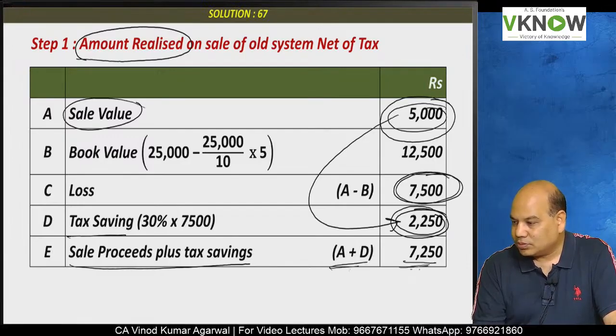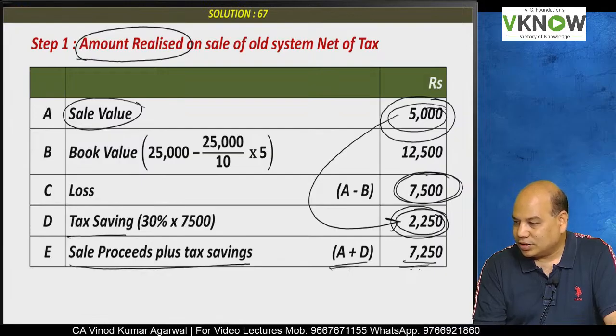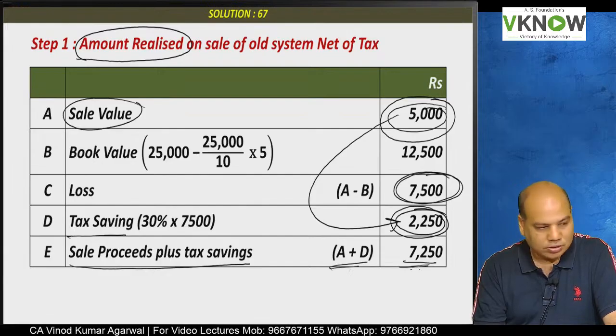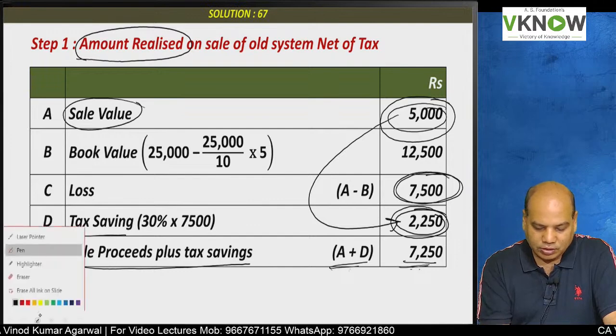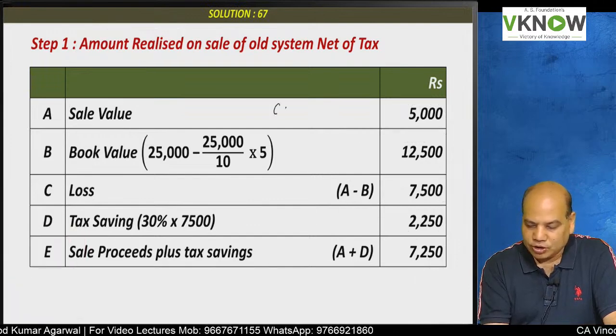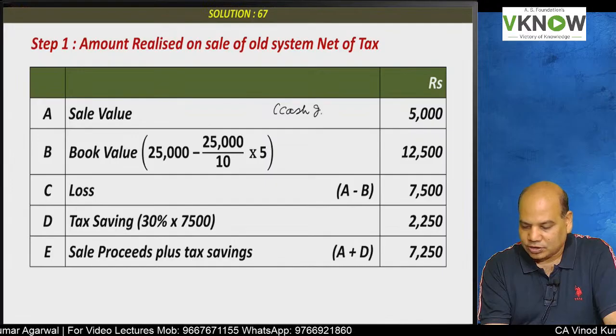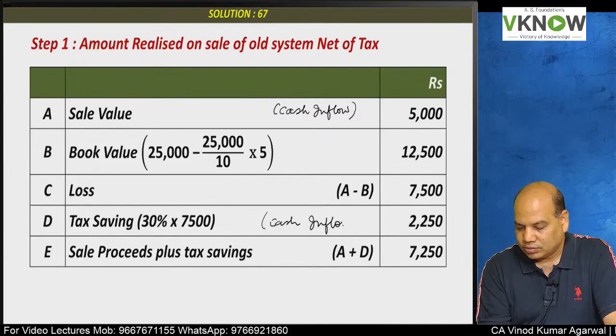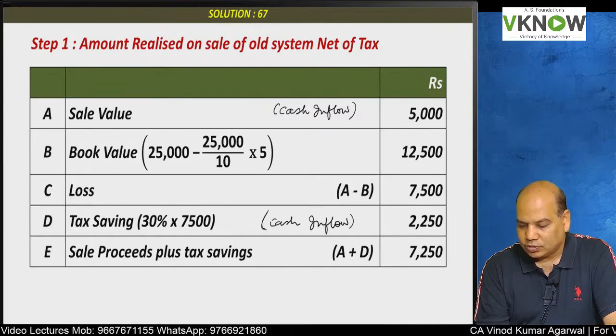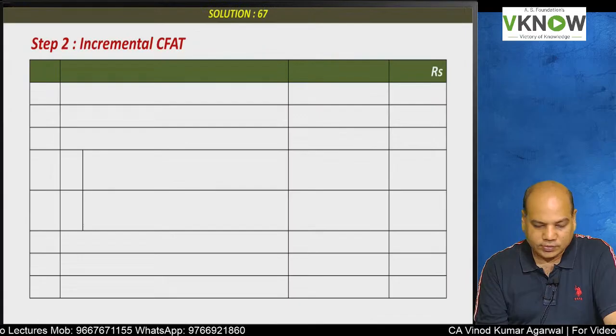Some student replied earlier 7,500, then 2,750. Sale value, for future reference, is cash inflow. Tax saved is cash inflow. So total cash inflow will be 7,250.